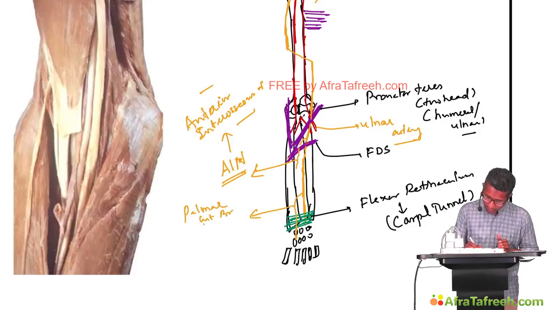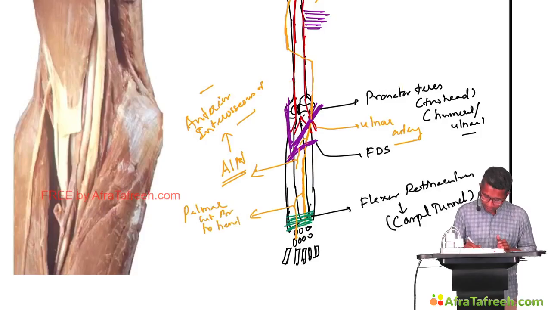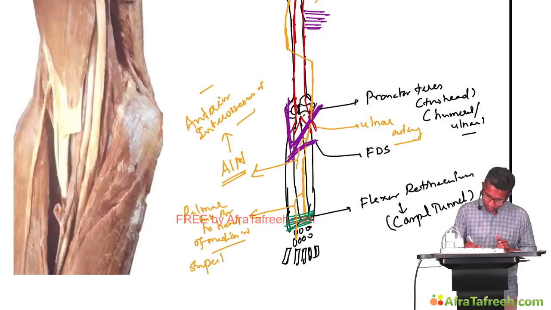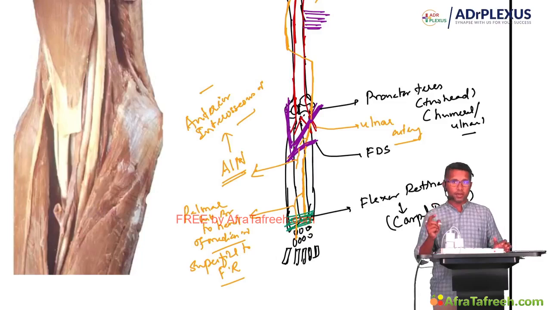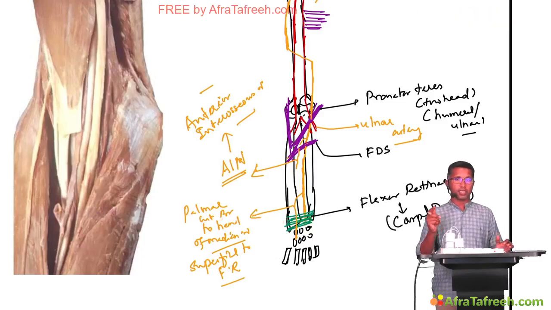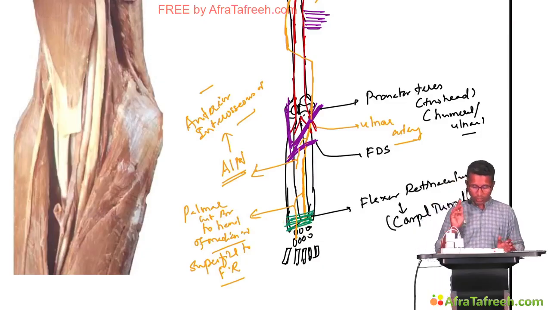Okay, palmar cutaneous branch to the hand of median nerve runs superficial to flexor retinaculum. The median nerve runs deep to flexor retinaculum, but its palmar cutaneous branch runs superficial to flexor retinaculum. So keep this in mind.